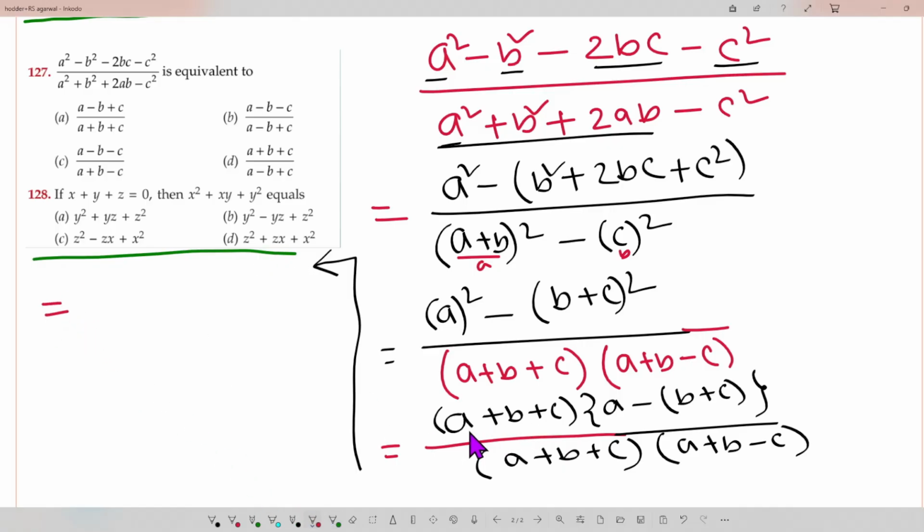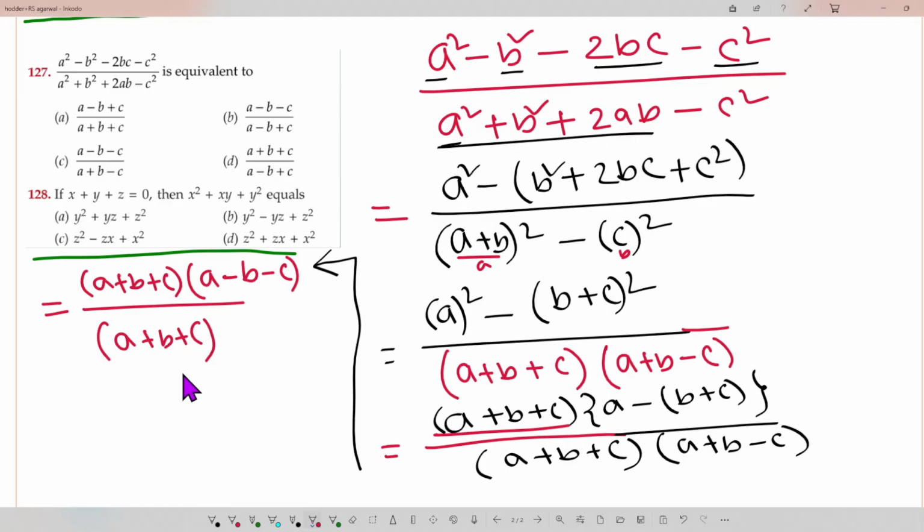So this one, a plus b plus c, will be unchanged, and here is a minus; inside the bracket every sign will be changed because we are multiplying by minus. So b minus c, divided by a plus b plus c, and here is a plus b minus c.